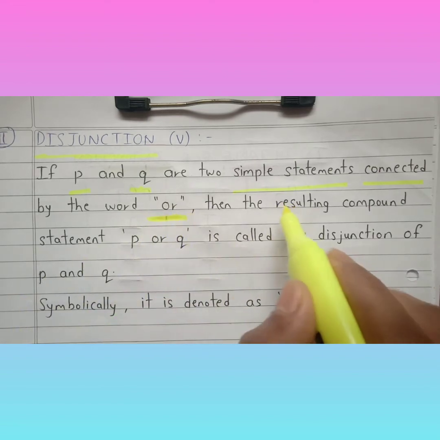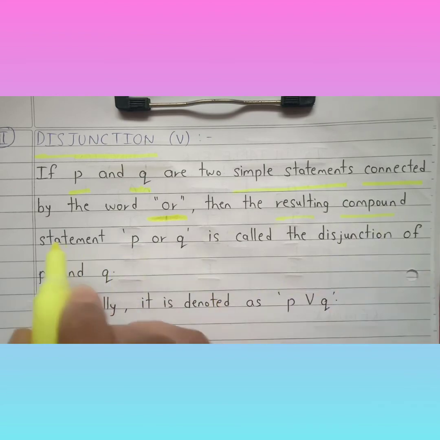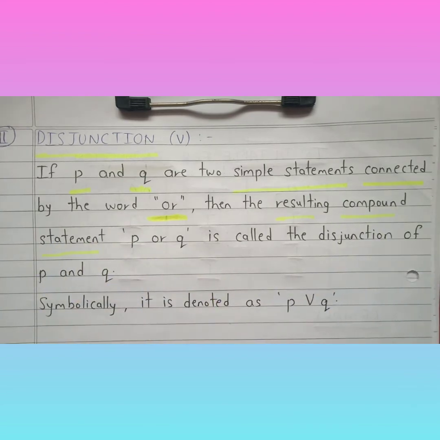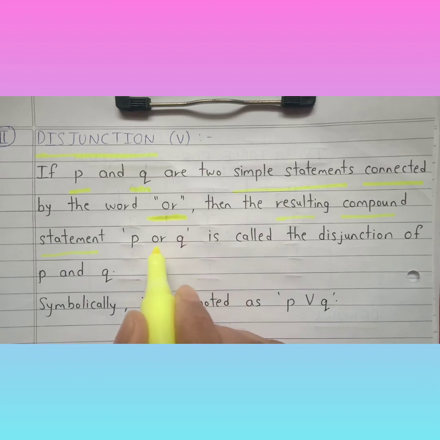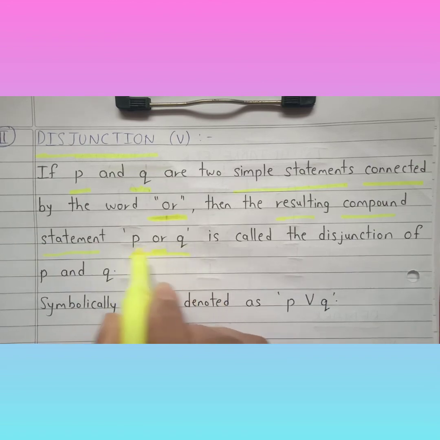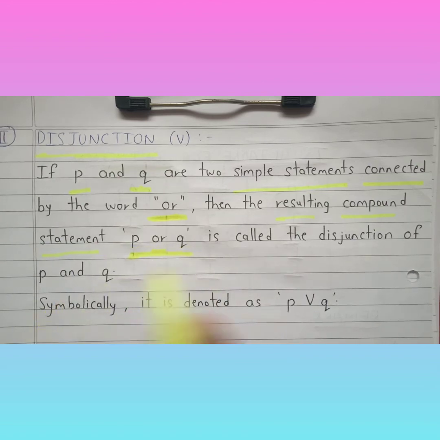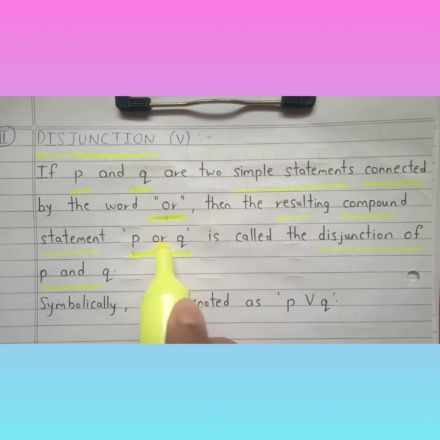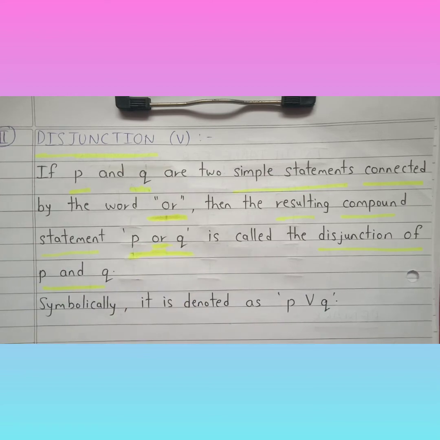Then the resulting compound statement: there are two different statements and you connect them with the word or. The resulting statement will be a compound statement. It will be read as P or Q, and this is called the disjunction of P and Q. Disjunction means you connect those two statements by the word or.